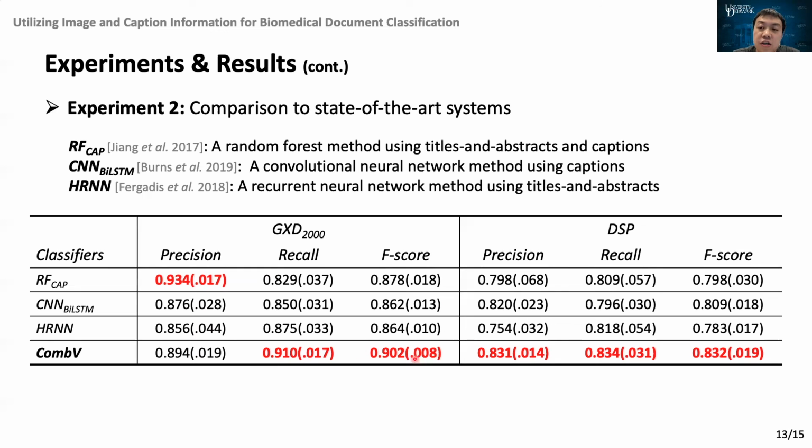Notably, recall is often viewed as more important than precision for biomedical document classification. Over the DSP dataset, our classifier attained the highest performance on all measures. These results demonstrate the effectiveness of our proposed document classification scheme.